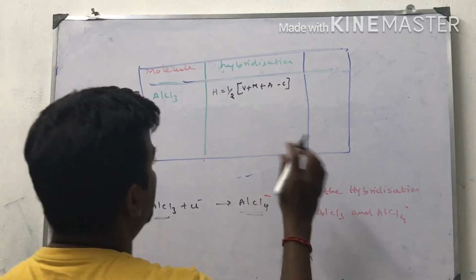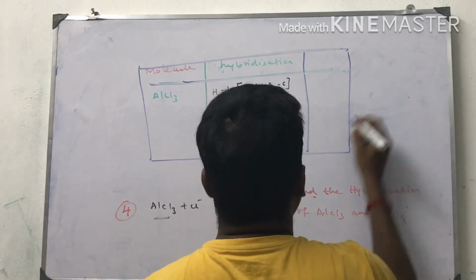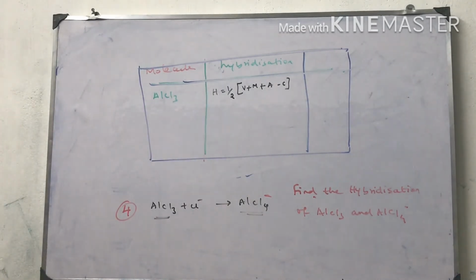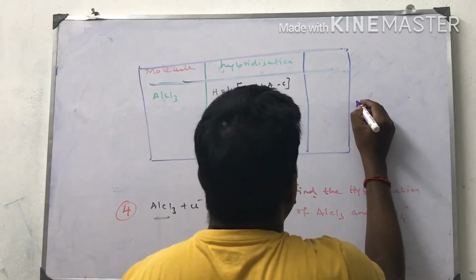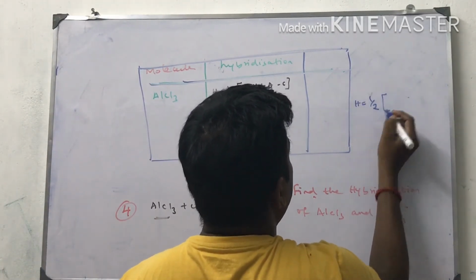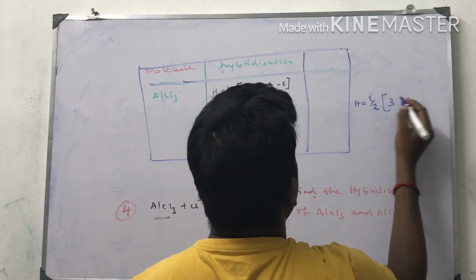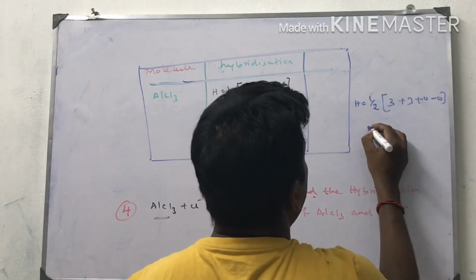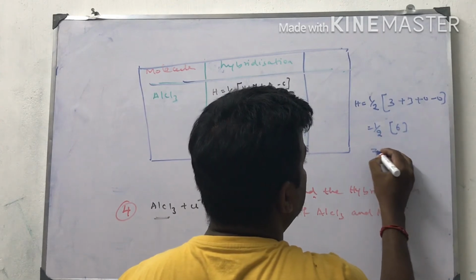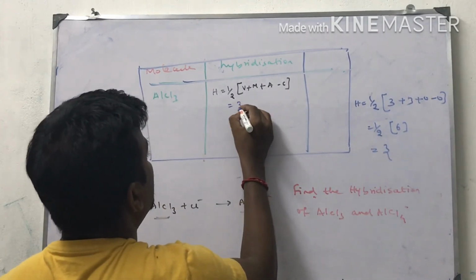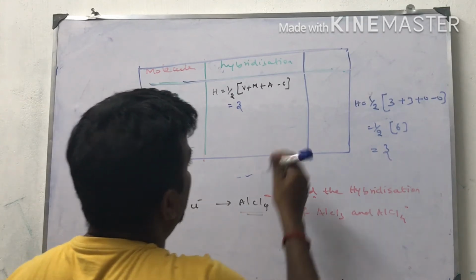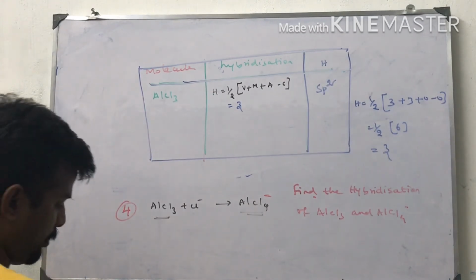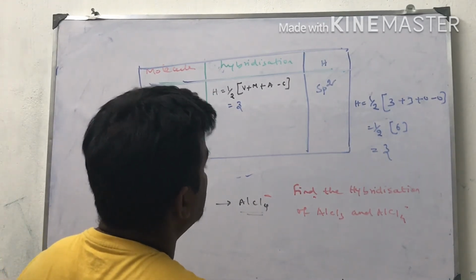Already we have discussed all this for the previous question. What is the valency of the aluminum atom? 3. How many surrounding atoms? 3. Anion nil, cation nil. So half into 3 plus 3 is equal to 6, therefore 3. The number of bonding pairs is 3, which means sp2 hybridization. One s orbital and 2 p orbitals combine in AlCl3.